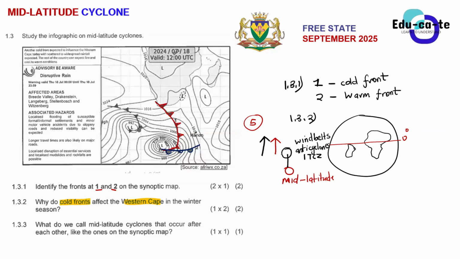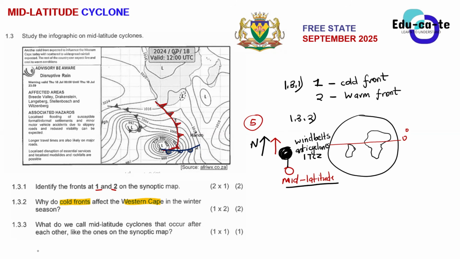If you guys didn't know that, let me just tell you. Imagine this black ball as the wind belt or the anticyclone or the ITCZ. All of them, they do what? They move northwards during winter. It means that they go up. So since the mid-latitude cyclones are also controlled by them, it means they'll also move northwards, affecting South Africa.